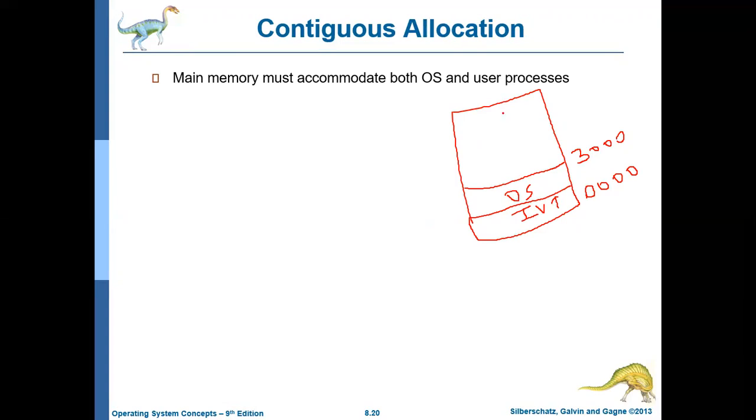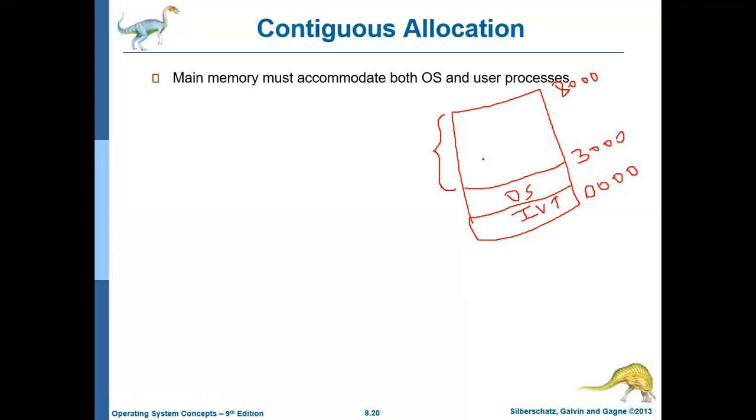The remaining space will be used by the user processes. So now this much empty space remains. Let us assume the memory has 8000 locations in total. Now these 3000 to 8000 addresses will be used by user processes.